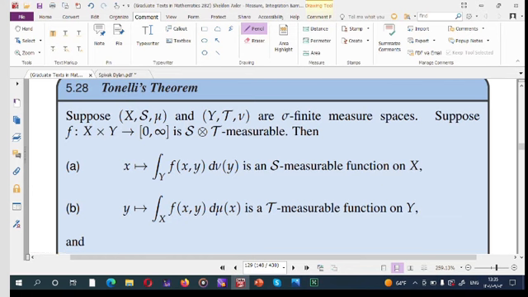In this integral, y is considered as a fixed element, and this function is a function of the variable x, so that we take the integral d mu(x), and this integral is a scalar too, so that this function is a function from y to R, or [0, infinity], because f is non-negative, so that this integral is non-negative too.